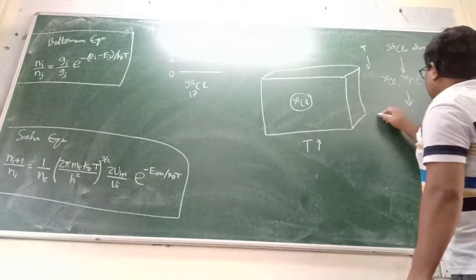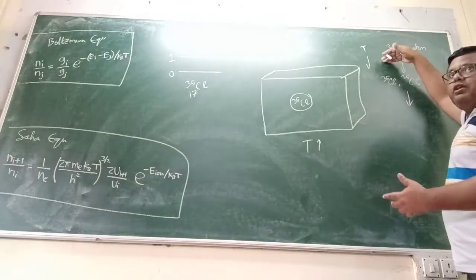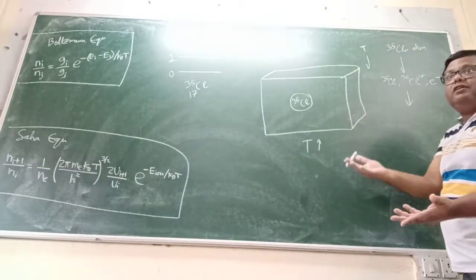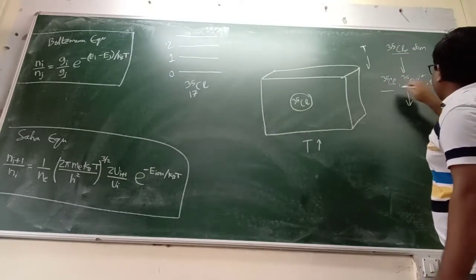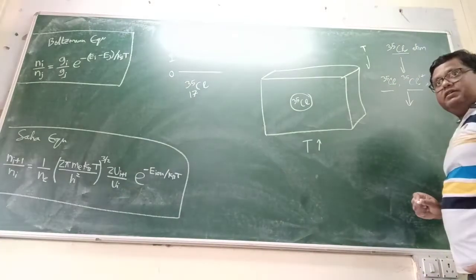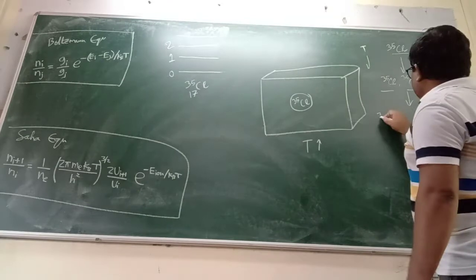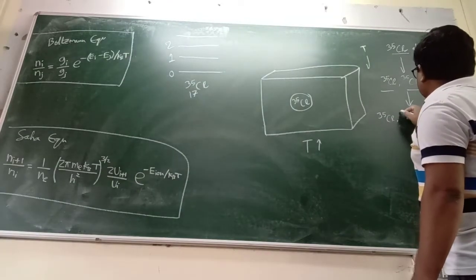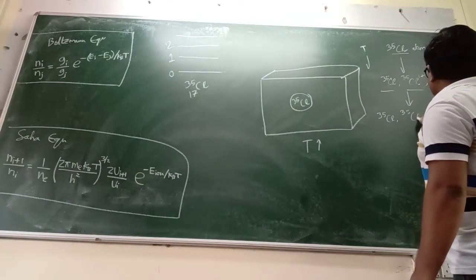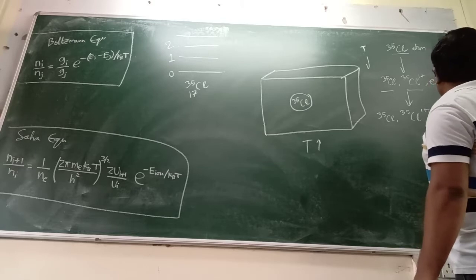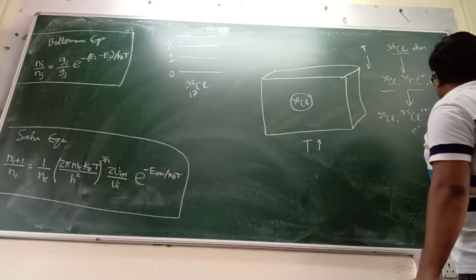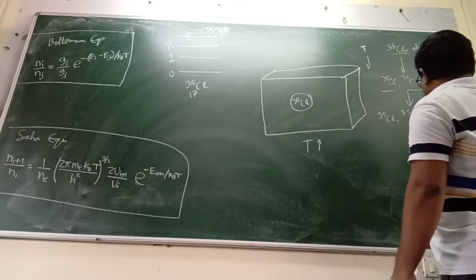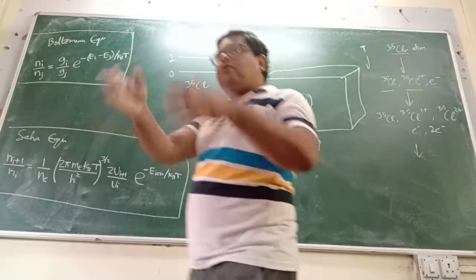Now we are slowly going to have a family of 35 chlorine. So first only 35 chlorine, next 35 chlorine and 35 chlorine 1 plus. And after that we will have 35 chlorine, then 35 chlorine 1 plus, then 35 chlorine 2 plus, and again 1 electron, 2 electrons, and so on and so forth. And so the process will continue.